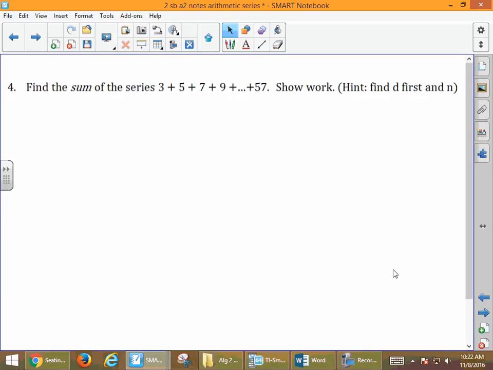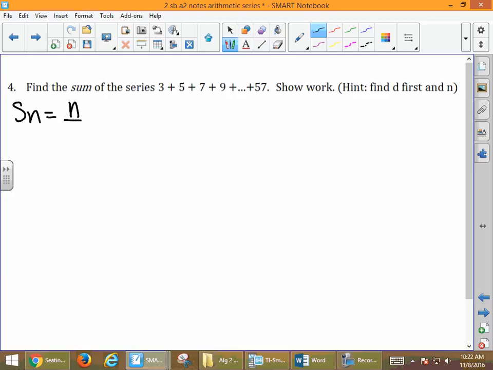Let's have you try this one on your own for a moment. And I'll get you going in the right direction with the formulas here. What we want to do is find our sum. So it's going to be n divided by 2 times a sub 1 plus a sub n. But we have to do the same thing that we had to do with the last one.